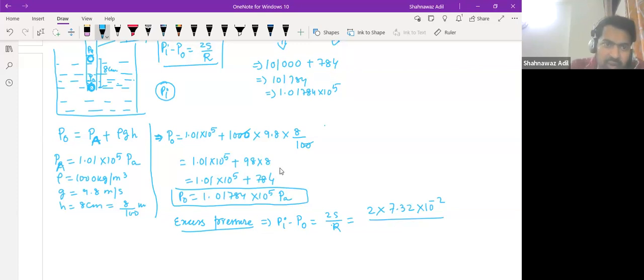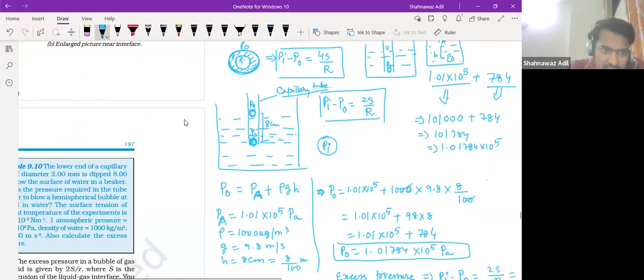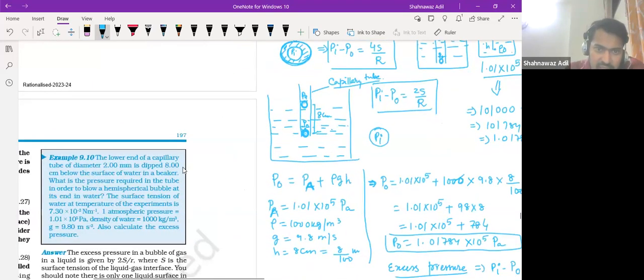Divided by R. R was how much? R was 2 millimeter. Oh, so this is the diameter, right? The lower end of a capillary tube of diameter. Okay, so this diameter is given, so we can calculate the radius, right? The radius of the bubble. So the bubble is this whole, right? This is the size of the bubble.